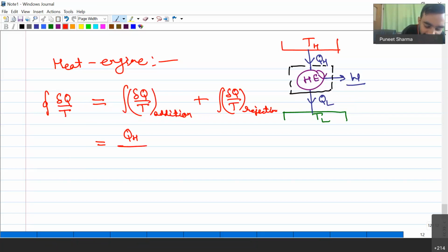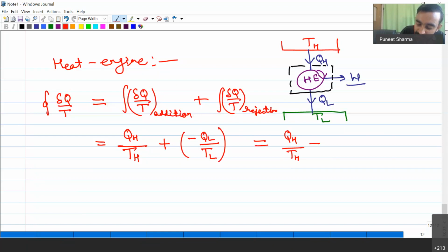So I can write QH divided by TH, and then plus, because we are rejecting QL amount of heat, I have to write minus QL divided by TL. So for a heat engine, the cyclic integral of del Q by T is equal to QH divided by TH minus QL divided by TL.